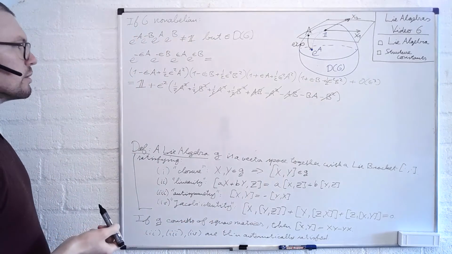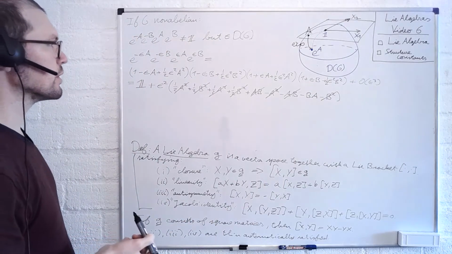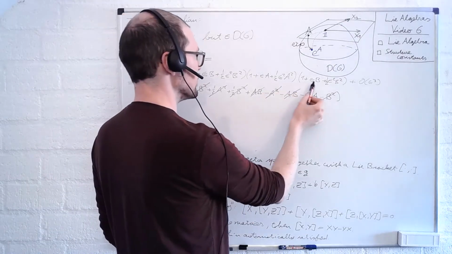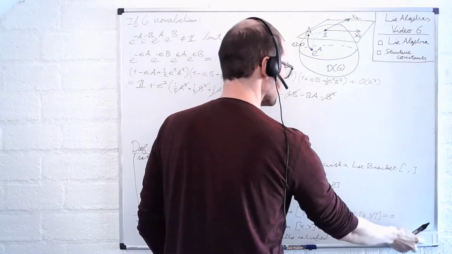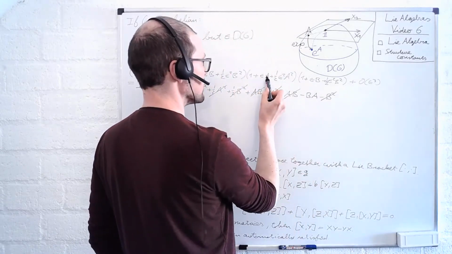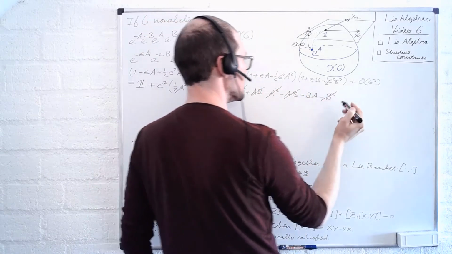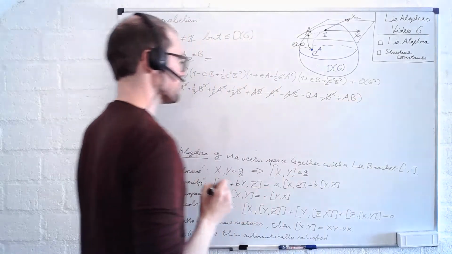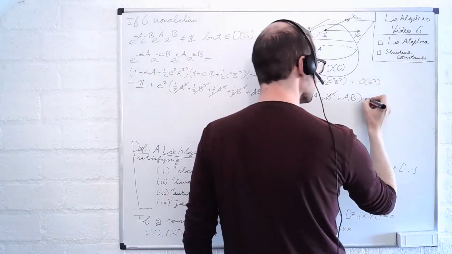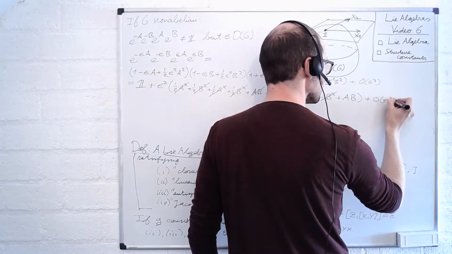And I forgot the last term, the cross term of the last two factors. So I had the plus a plus b, so that is plus ab. Plus something of order epsilon to the third.